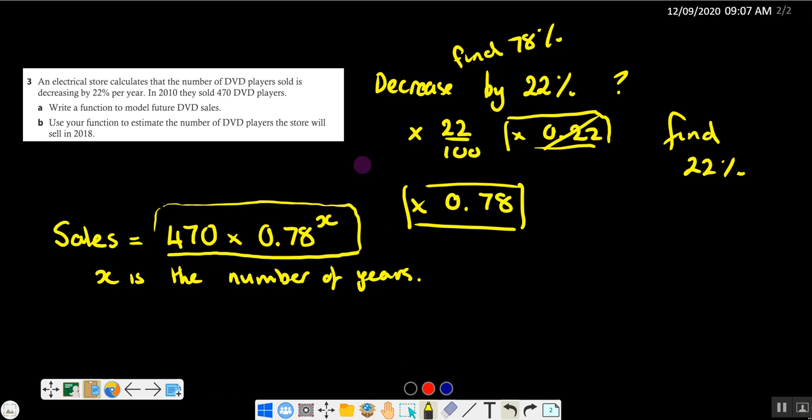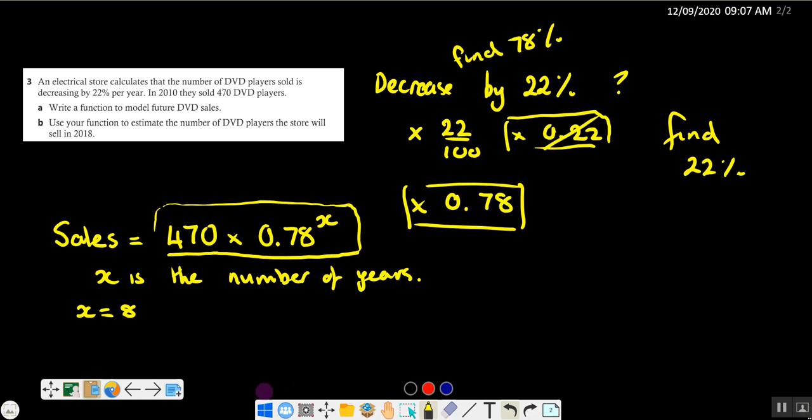So what do we have to do then? It says use your function to estimate the number of DVD players the store will sell in 2018. So how many years have gone by? 8. Okay. So we're saying x is 8.